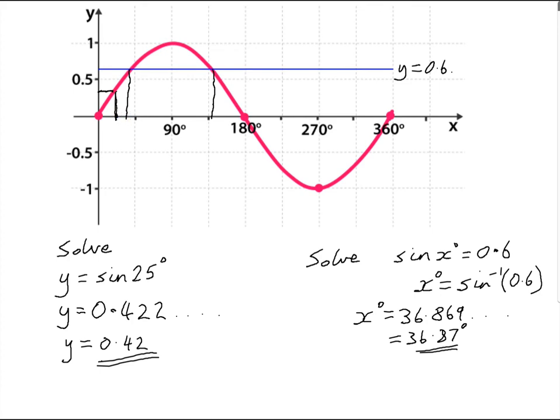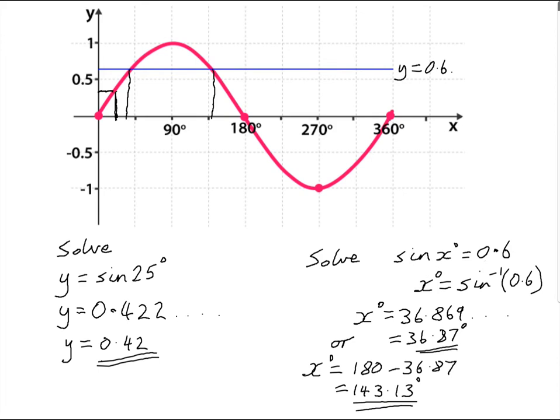So our other solution, just like with our quadratics, we have 2, so your x is either 36.87 or it's 180 minus 36.87. When you put that in your calculator, you get 143.13 degrees. So that is our 2 possible solutions that would give us an answer of 0.6.